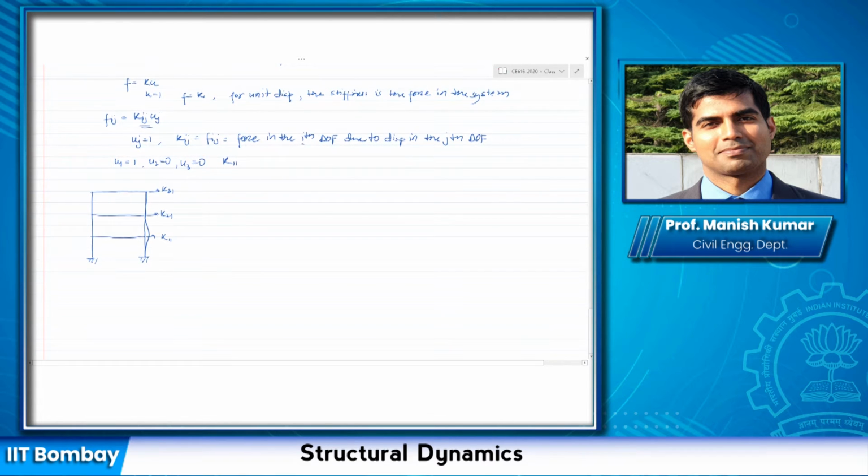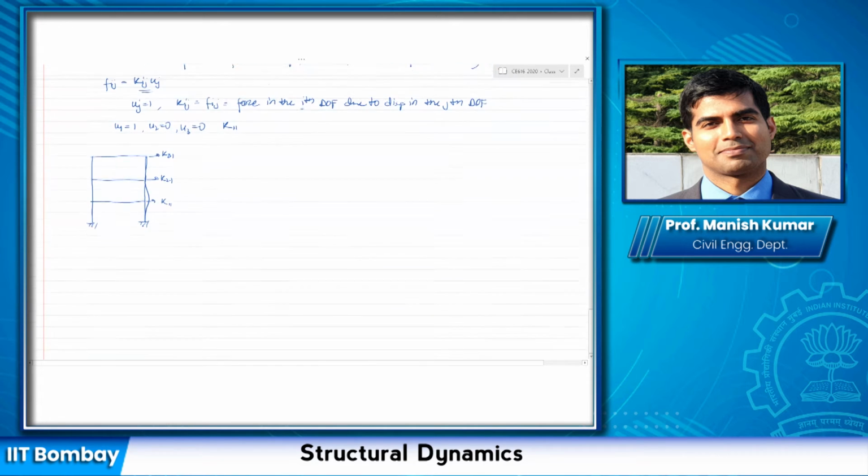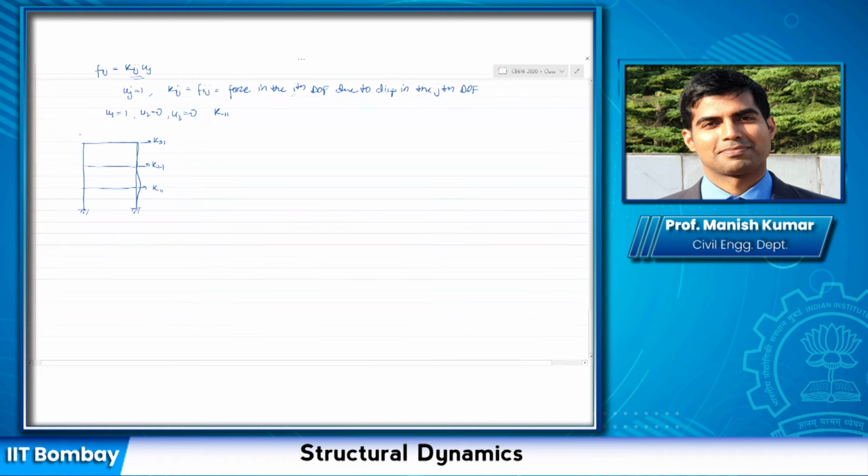Okay, so when a unit displacement is applied at node 1 and at other nodes the displacements are kept equal to 0, then let us say I have to apply these forces to achieve that system. Similarly, so this is U1 equal to 1, U2 equal to U3 equal to 0.